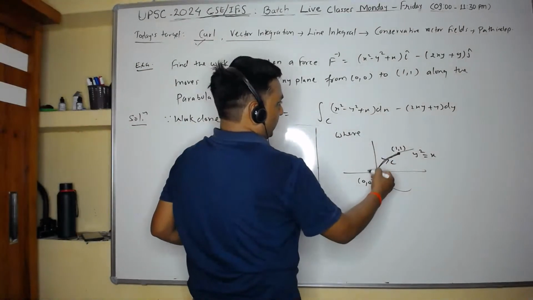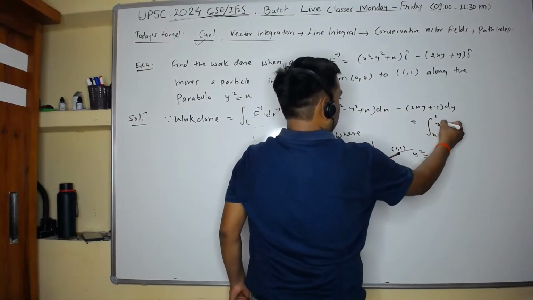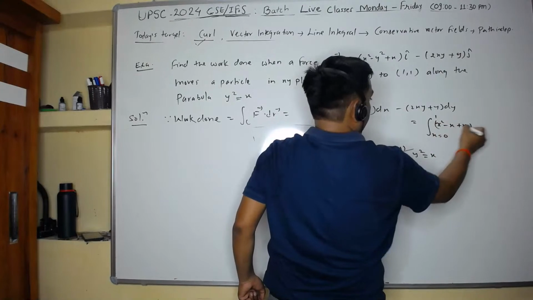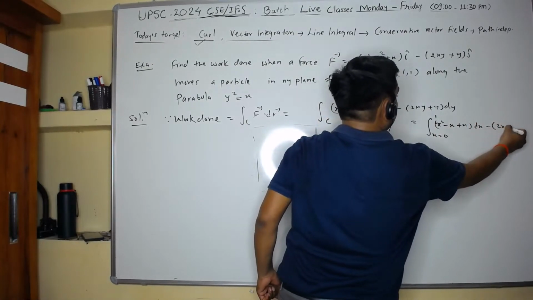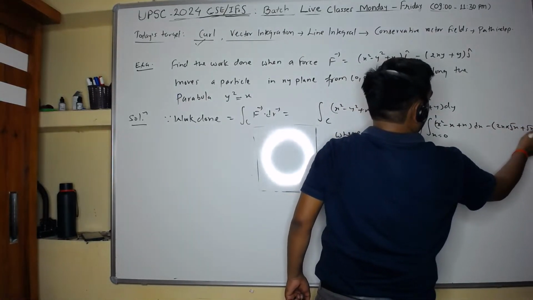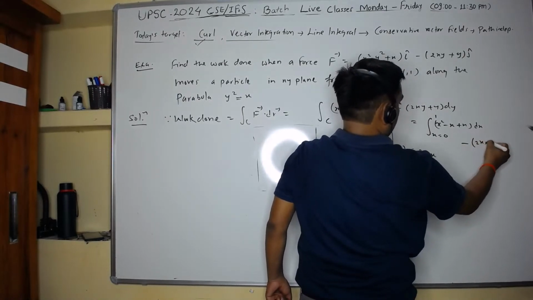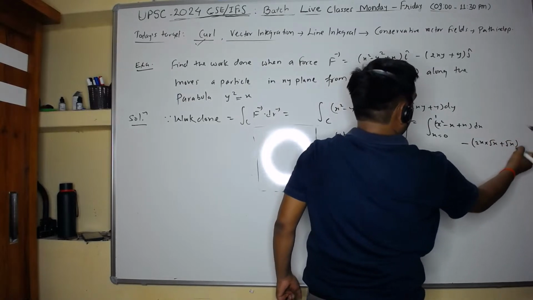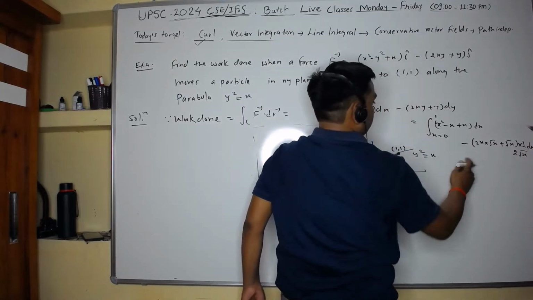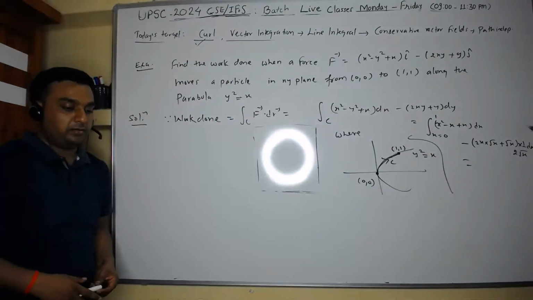So here you will be taking x going from 0 to 1, x square minus y square is what? x plus x into dx minus 2x, y is what? Root x, plus y, y is root x, so dy will be 1 upon 2 root x dx. So calculate this value. That is your required work done.